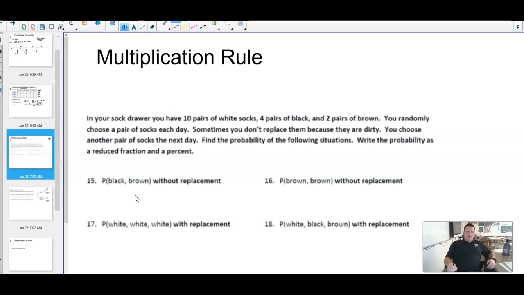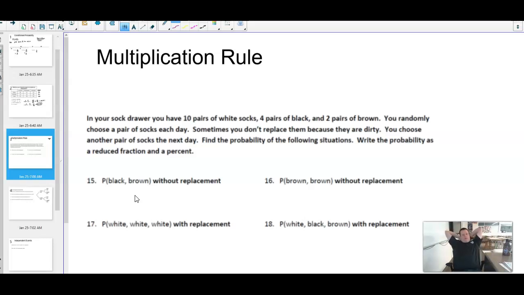If it's with replacement, it's like you reset the draws to the exact same original thing that you're drawing from. If it's without, we assume that we keep the first one out and we don't put it back. So we're going to do a couple things with replacement and without replacement here. We're going to use this example right here.